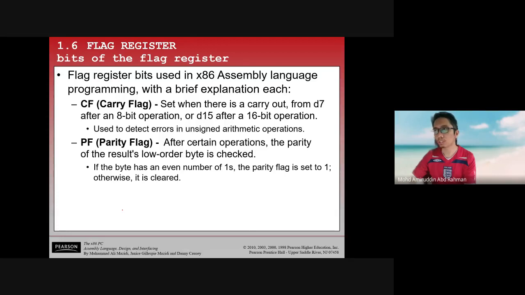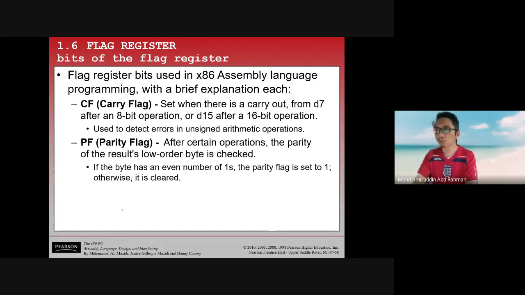So whenever you have the maximum, let's say for D7 to D0 you already have all F, that's already the maximum. Then there is additional information, so you need to put that into the carry flag. Similarly for the 16-bit, where all 16 bits are already filled, then you need to put the additional information into the carry flag.